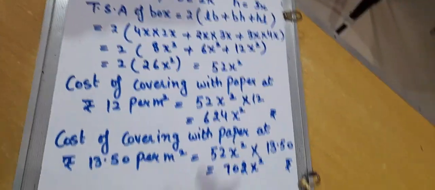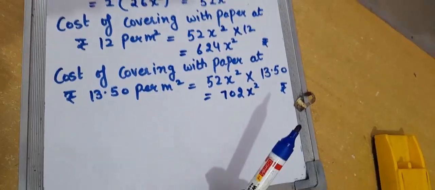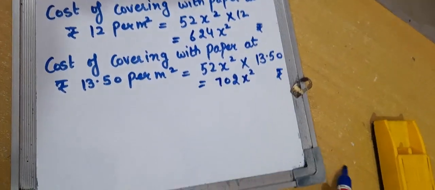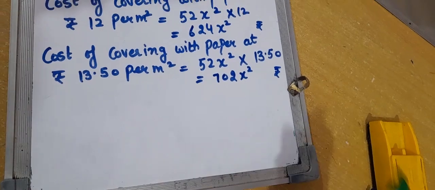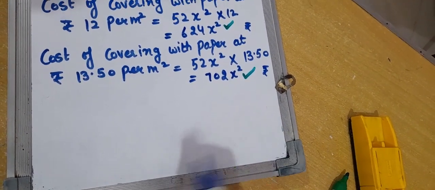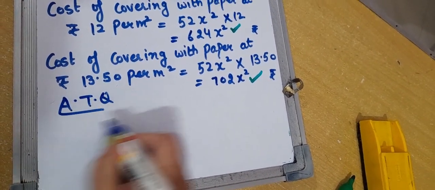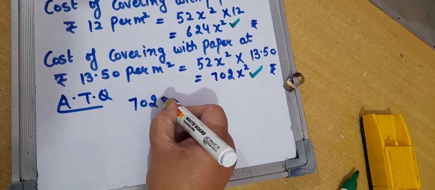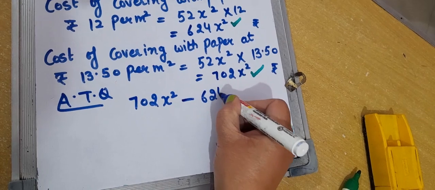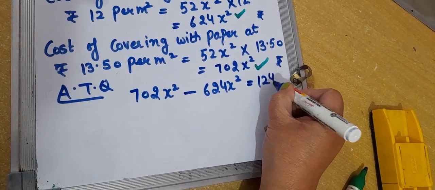Now we have found cost at both rates, 13.50 and 12. Again, see the question, we are given that the difference between these two costs we have found is 1248. So according to the question, 702x square minus 624x square is equal to 1248.